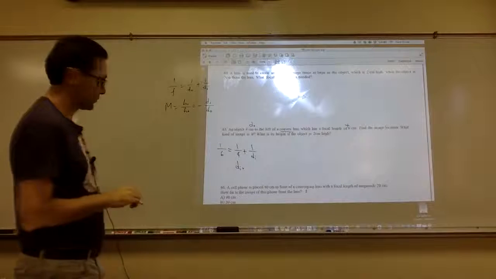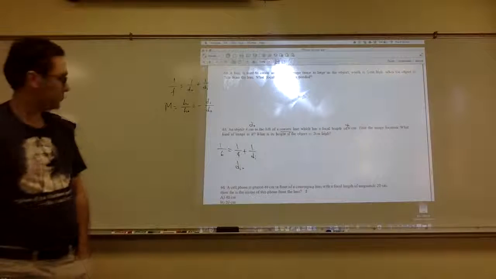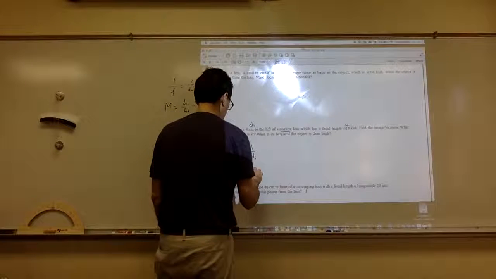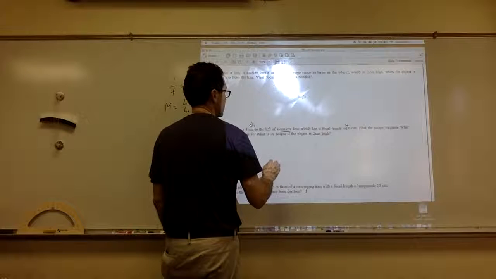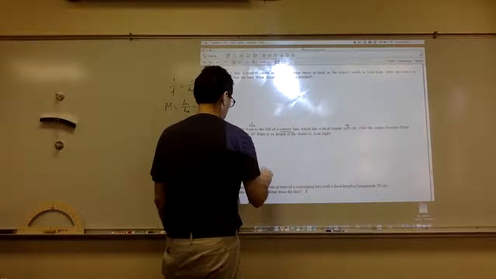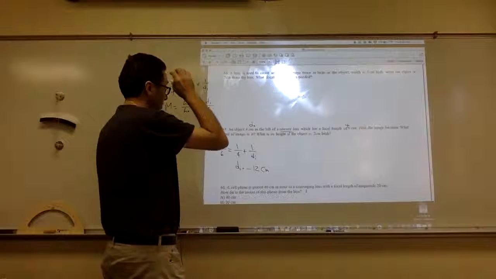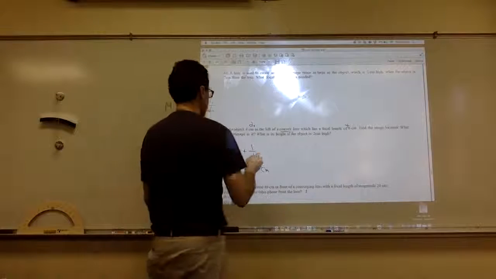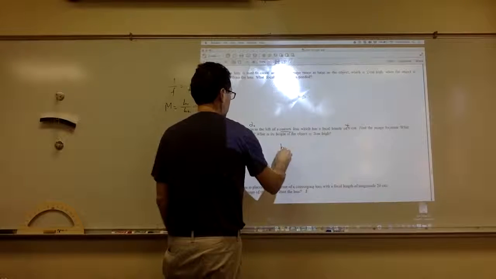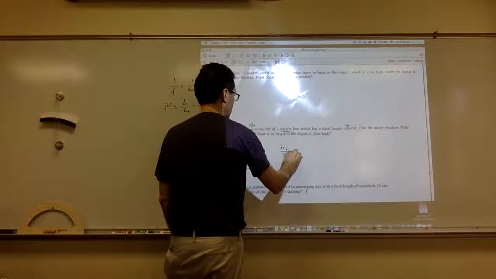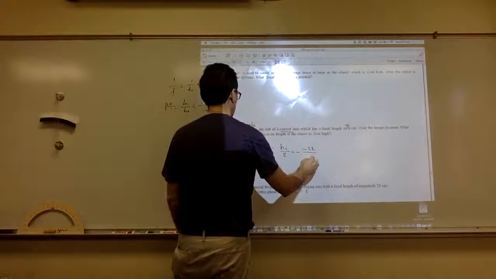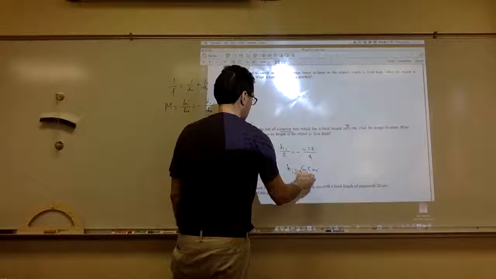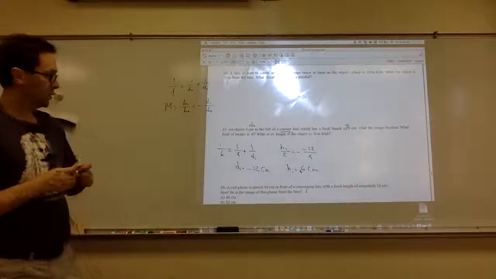So di is going to be -12 centimeters, and that's expected because your object is stuck between the focal point and the lens, the convex lens. So trying to find the height, hi over ho equals negative di over do. So hi looks like it's 6 centimeters, and it's positive, which makes it upright, which makes it virtual.